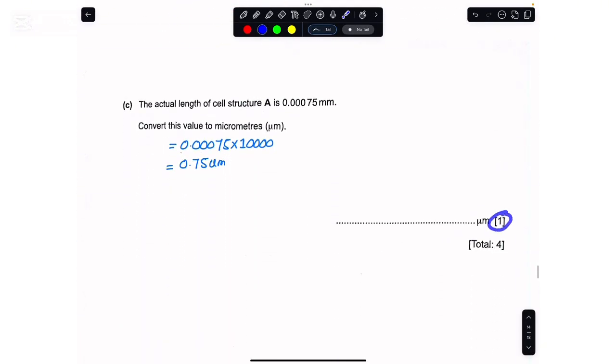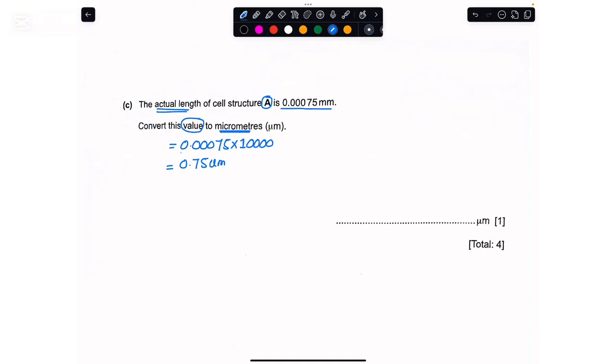Now again for 1 mark, they have asked you to interconvert the units. They say that the actual length of the cell structure A that they have shown you above is 0.0075 millimeter, and the examiner wants you to convert this value to the micrometer.